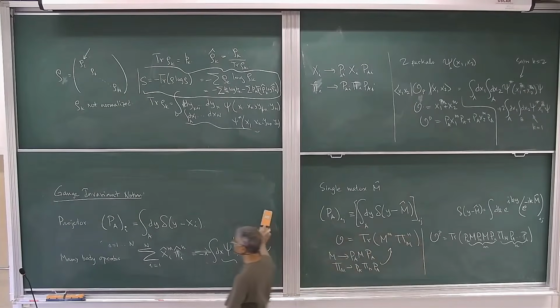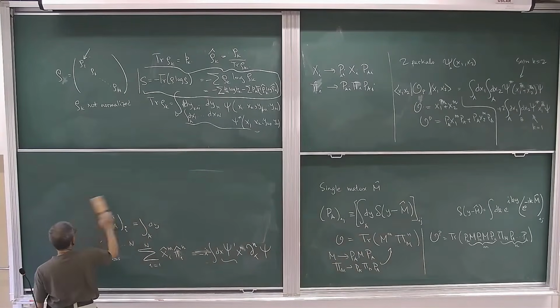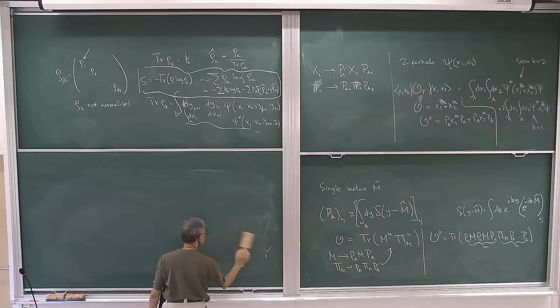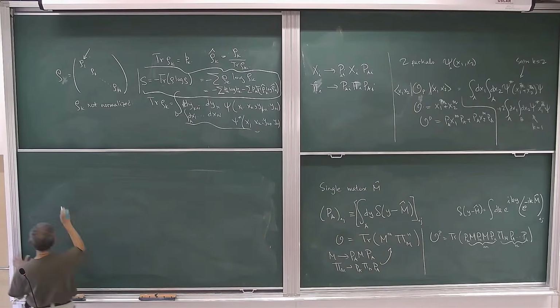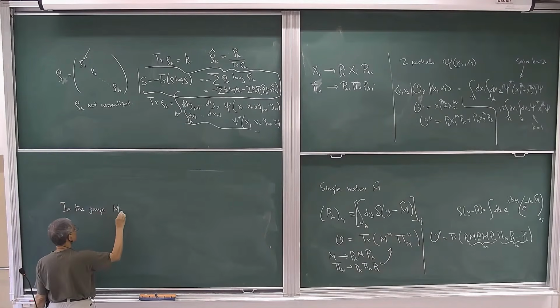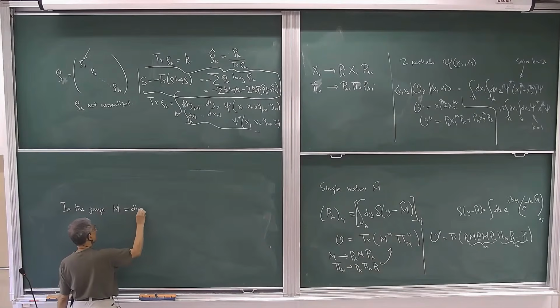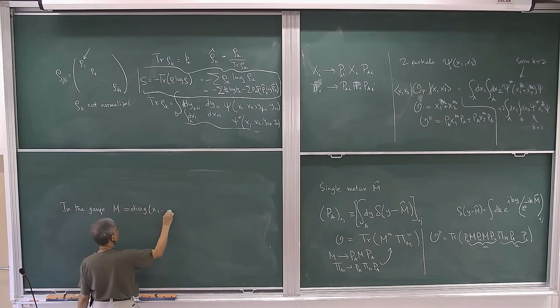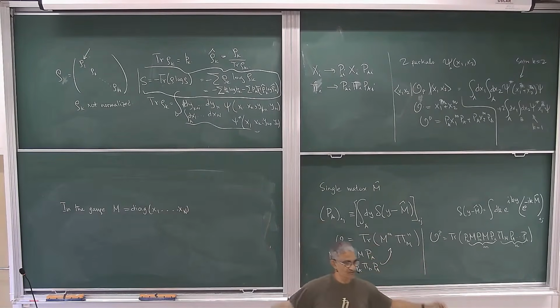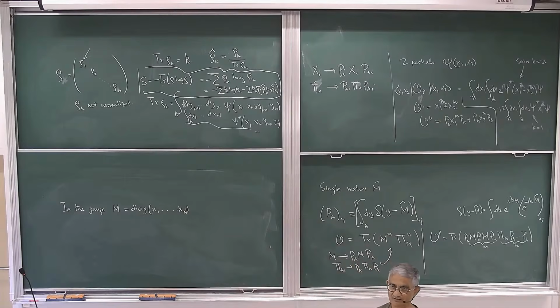But it has the meaning that we are seeking in some particular gauge. In this case, this object clearly reduces to what we just talked about, that in the gauge where M is diagonal, this matrix will also be a diagonal matrix, and this completely reduces to that first quantized description which I had.